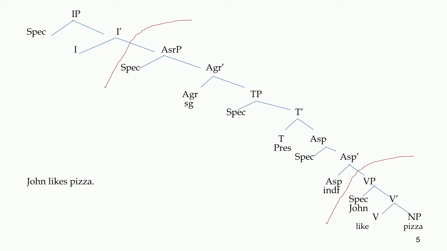So, we started with the idea of I as the head of the sentence, that is, head of an IP, and that was a beautiful explanation at one point in the history of the study of language, which unified all the structures of phrases and described a sentence also as a phrase by identifying the head of a sentence as the crucial aspect in the formation of a sentence.